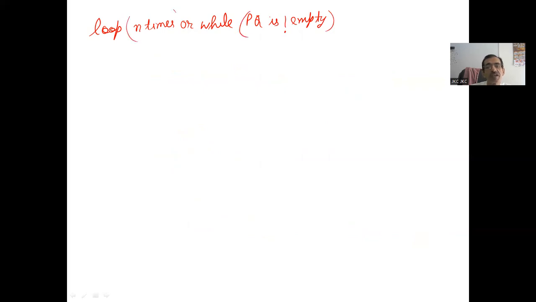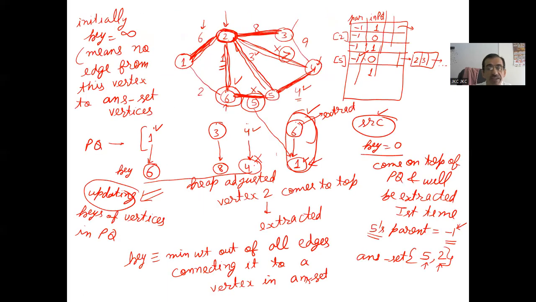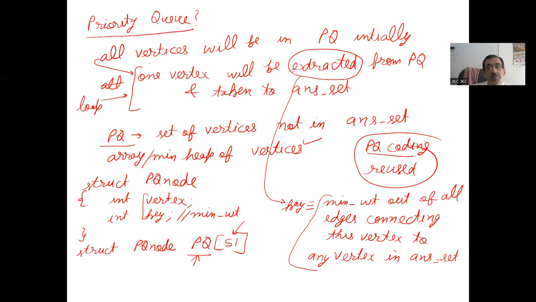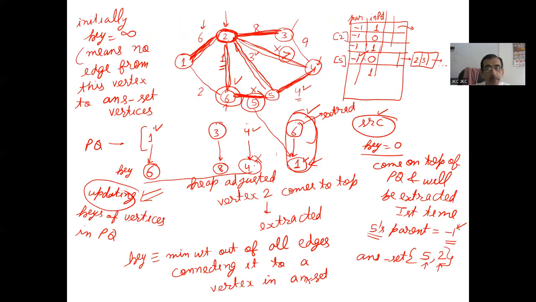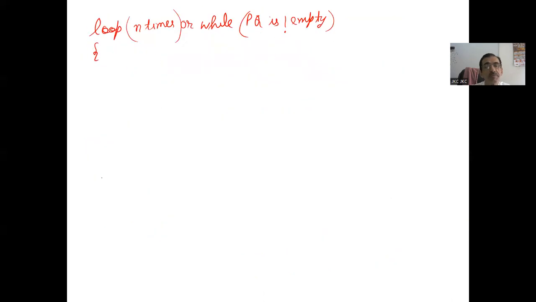Every time, just recall, we extract one vertex and take it to the answer set. After that, we update keys for the vertices in the PQ. So mainly only these two steps.